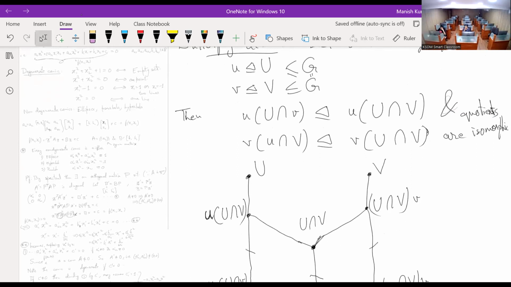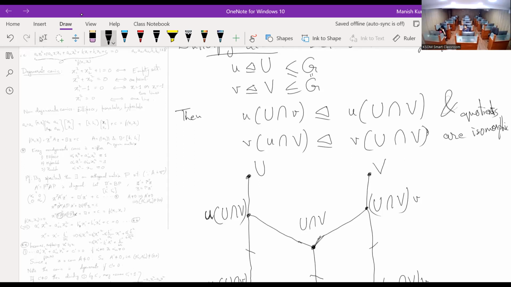So little u is a normal subgroup of capital U, and little v is a normal subgroup of capital V. If I conjugate by an element of capital U intersection capital V, then this will remain preserved.